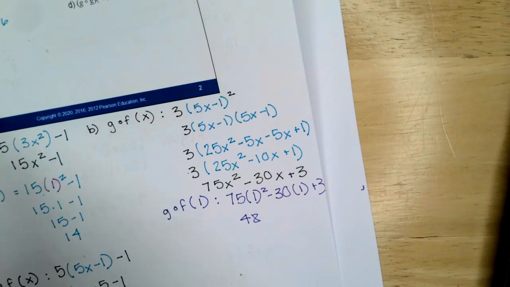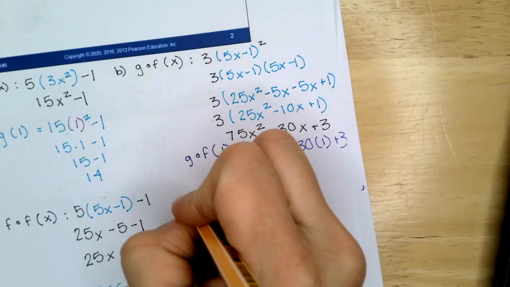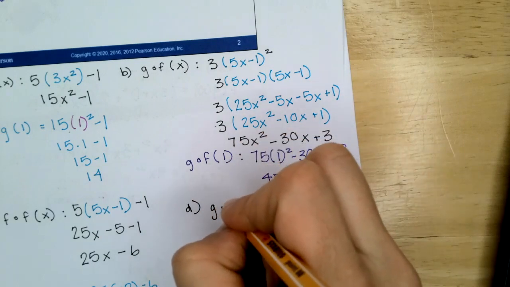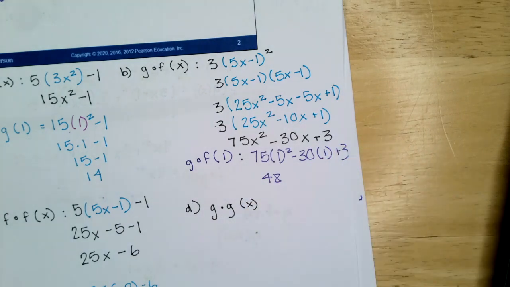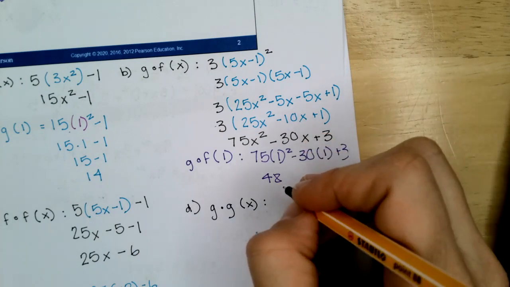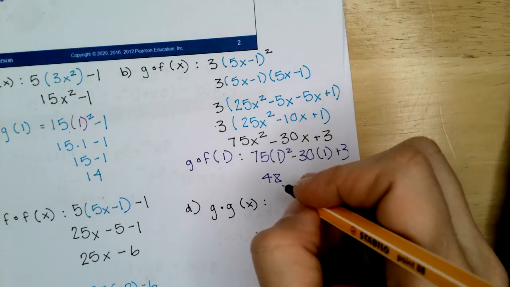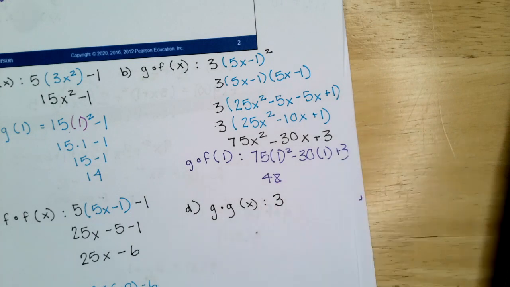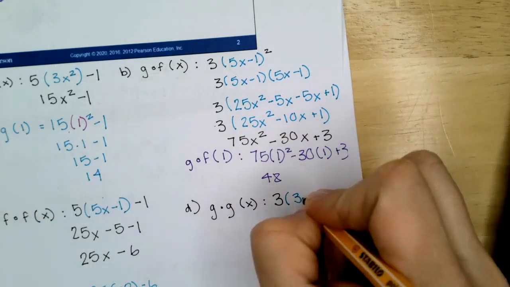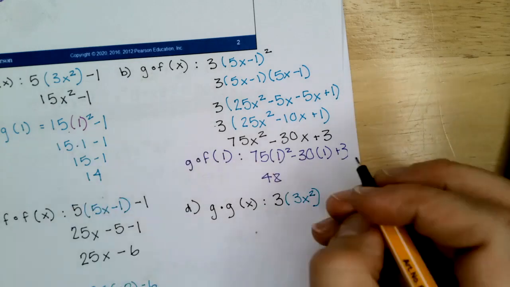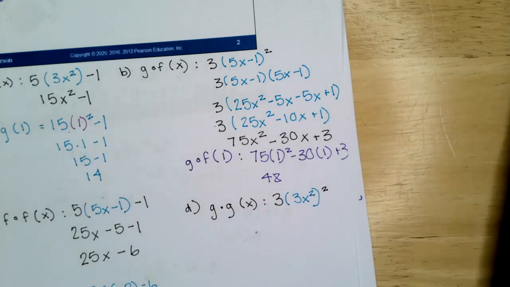g of x, or g of negative 2, sorry. So we're going to take g of x and put g of x inside of it. So that becomes 3 times x squared, but x squared is now 3x squared, squared, right?